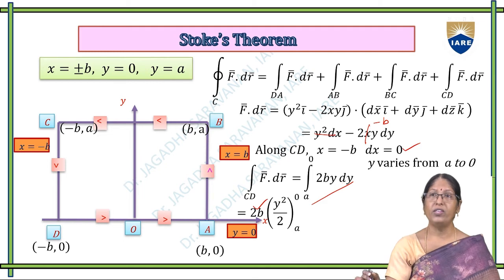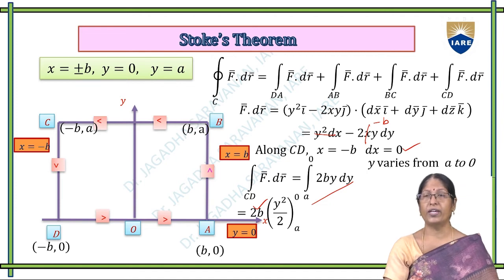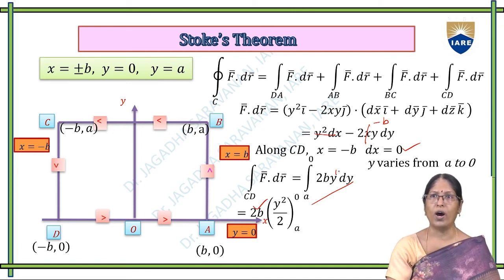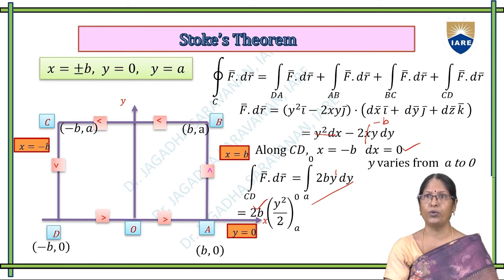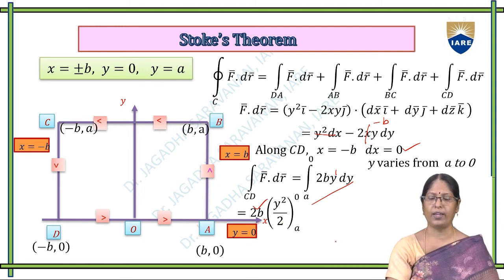So the integration of y is y square by 2. It's a simple integral formula: the integral of x power n dx equals x power n plus 1 by n plus 1. Our n is 1, so y power 1 plus 1 by 1 plus 1, y square by 2, and the limit is from a to 0.